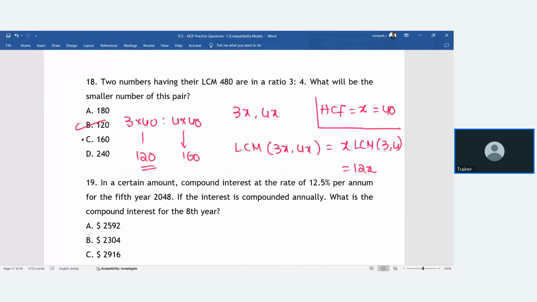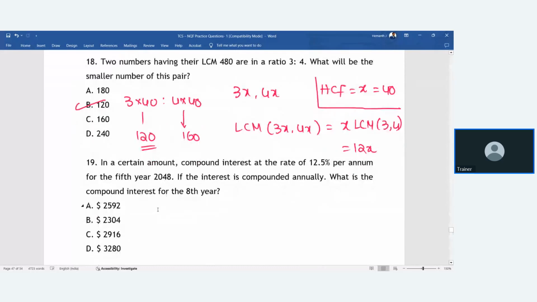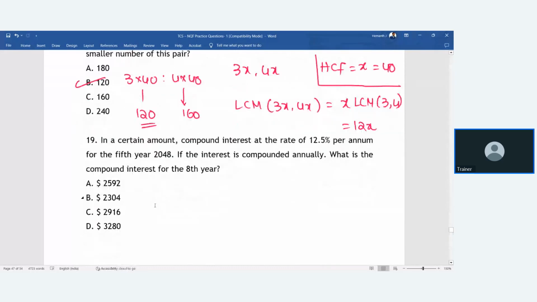Right. Next question, regarding compound interest. In a certain amount, compound interest at the rate of 12.5% per annum for the 5th year is 2048. What is the compound interest for the 8th year? Say the 5th year is 2048.